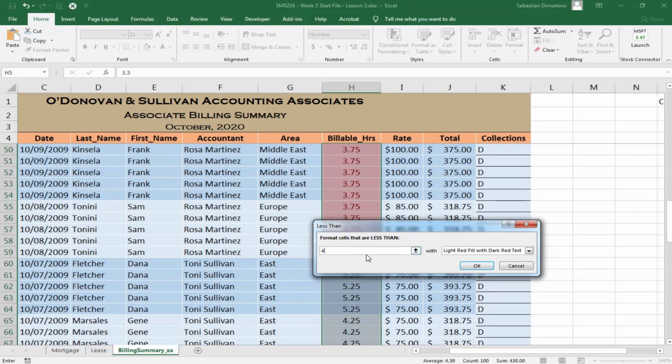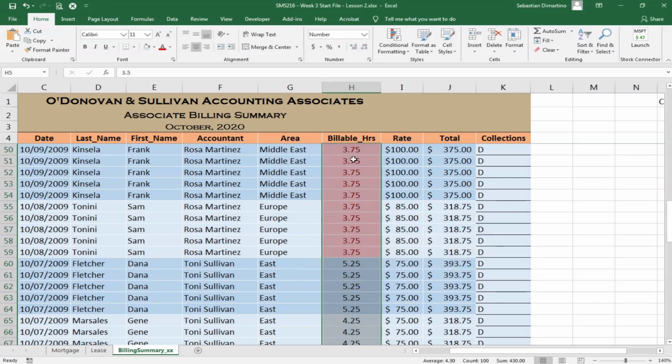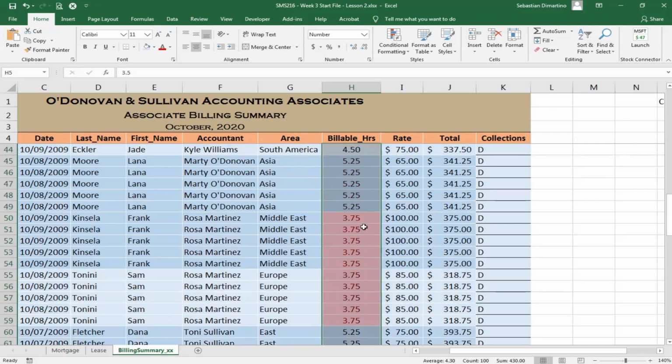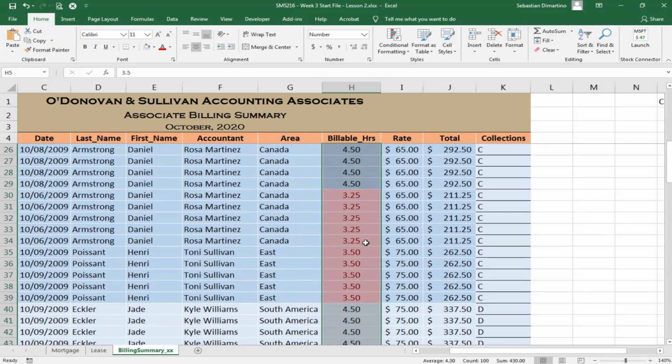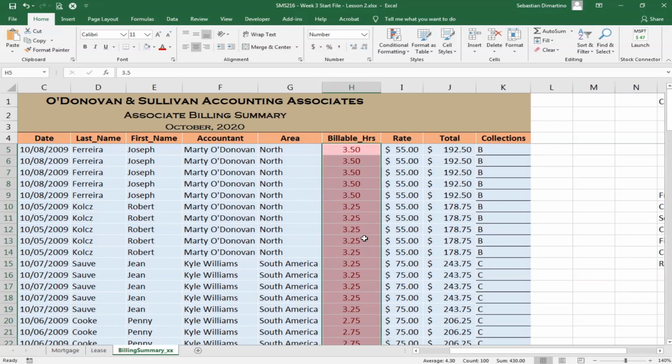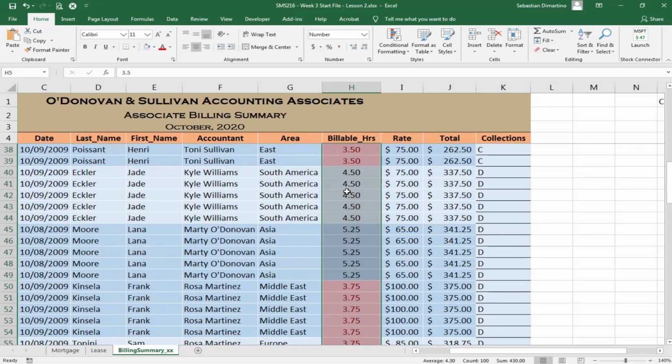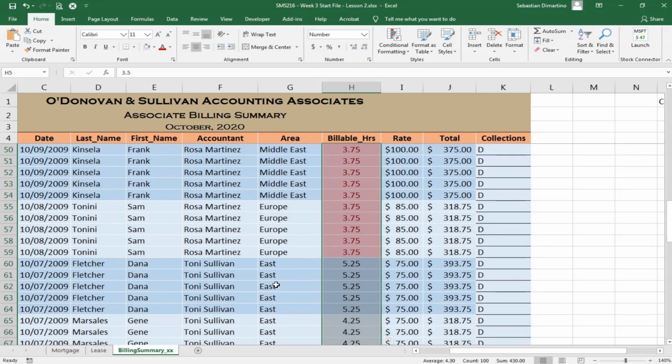Any invoice less than 4 hours, I want it to be light red with a dark red text, and click OK. And what you'll see now is that because these are less than 4 hours, they are lit up. That gives me the visual cue that I need to go in and see what's going on.